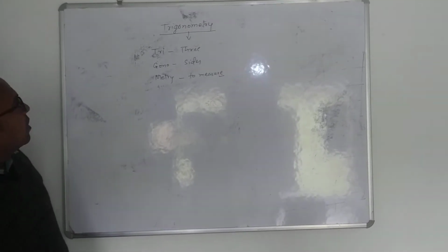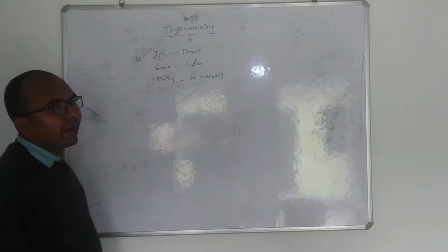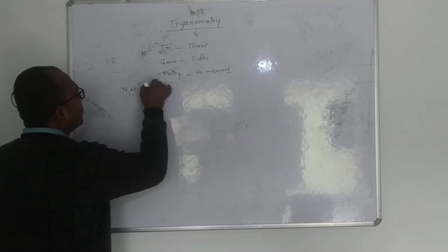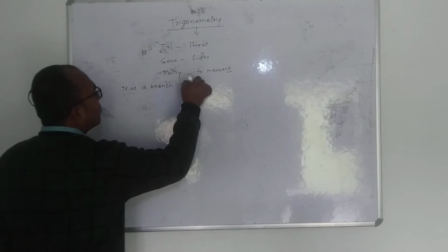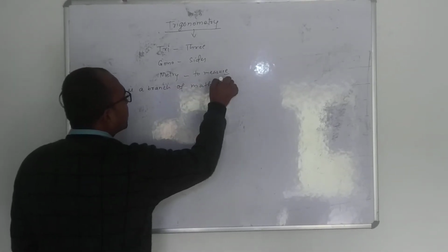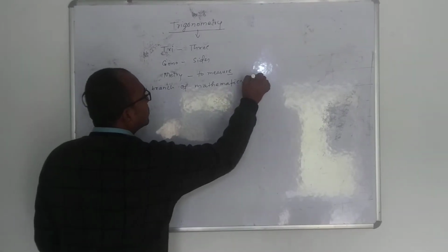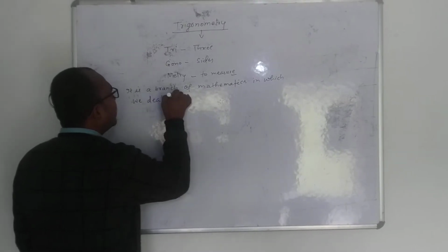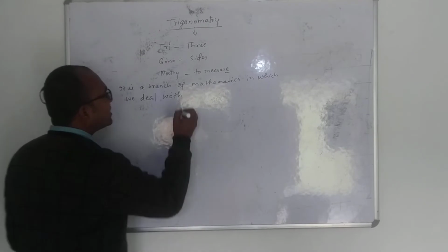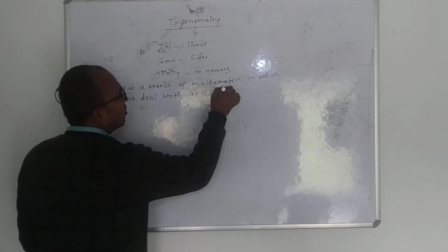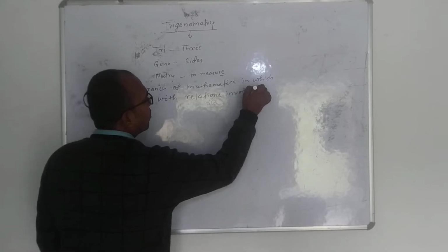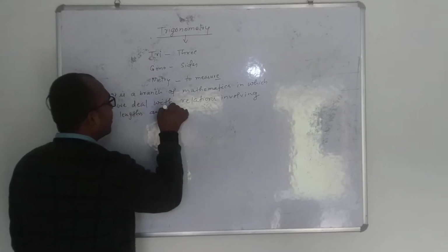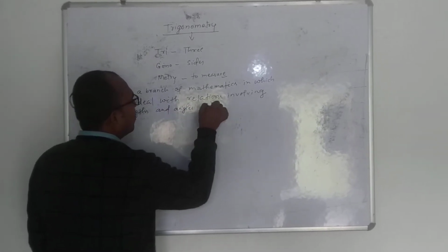So students, if we are going to define the word trigonometry, then we may define it as a branch of mathematics in which we deal with relations involving lengths and angles of a triangle.